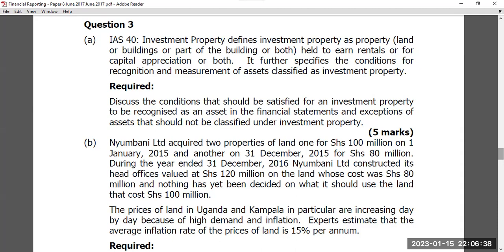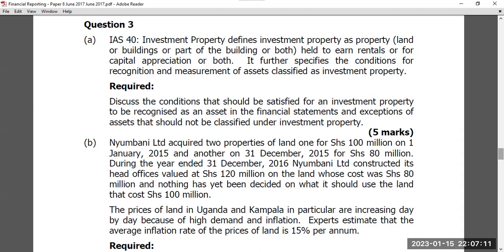If at all you can't determine the cost of the asset, then it means you can't recognize it as an asset. There are basically 2 recognition criteria, and if you need more clarity on them, just go back and check our first video of IAS 40. We explained all that is needed as far as the theoretical aspects is concerned.